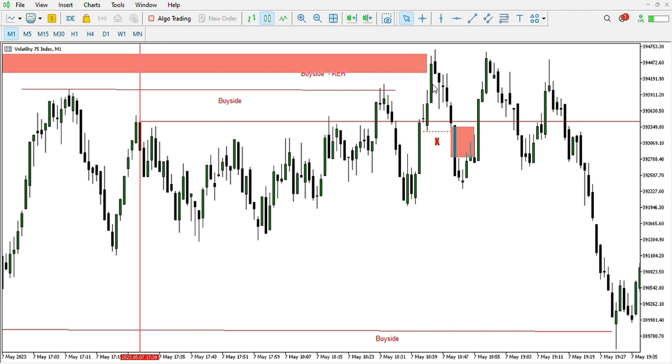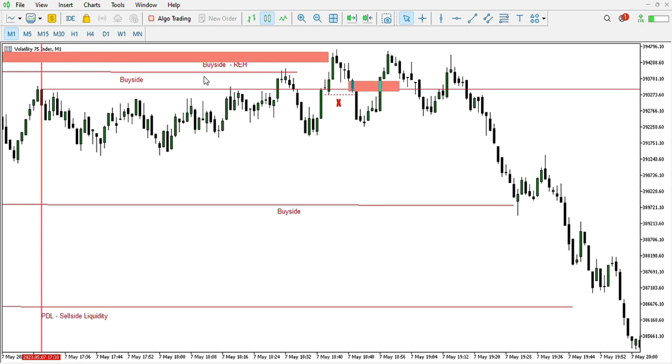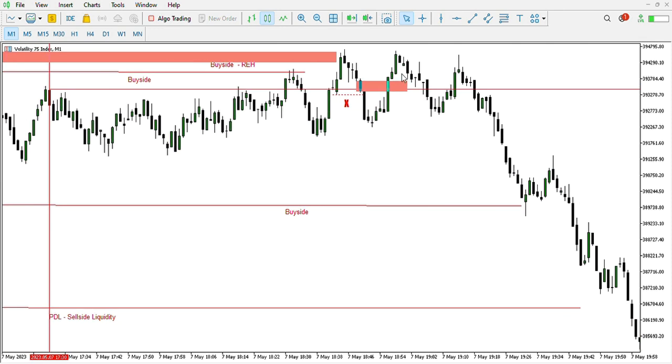Why am I not using this one? We have a fair value gap here actually. That's where the fair value gap is. Why am I not using this one? Because there's no fair value gap here above the new open price, the session open price, right? So here we have one. Market moves into that.